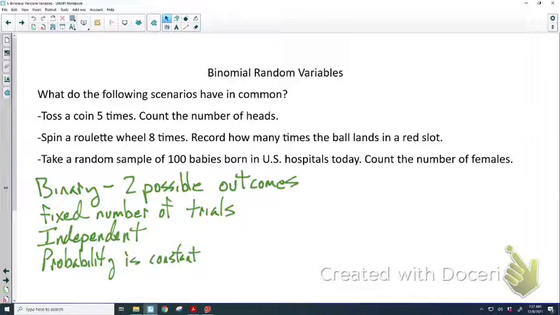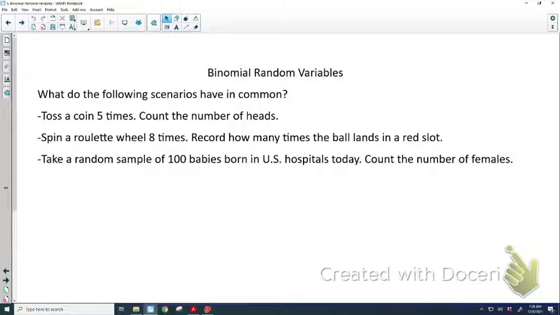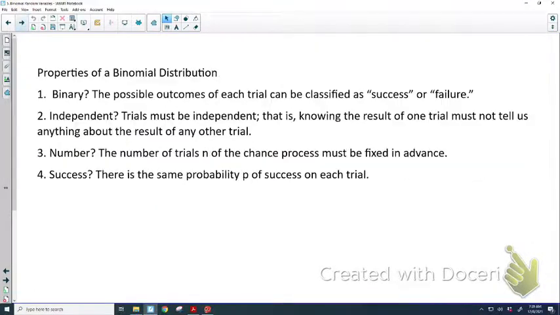All right, so those are actually the 4 properties of a binomial distribution, and they're spelled out formally right here. They make a nice little acronym of BINS, if that helps you remember it. But they're, as we just now identified, those 4 things.